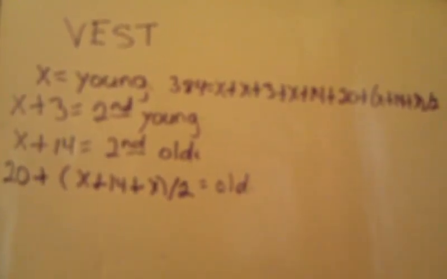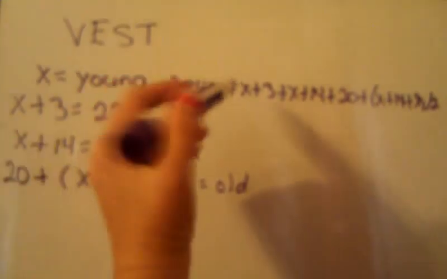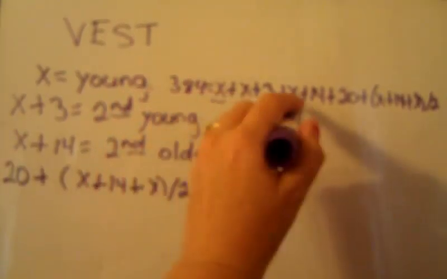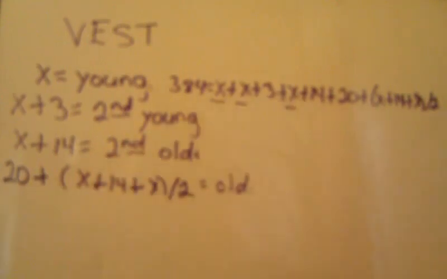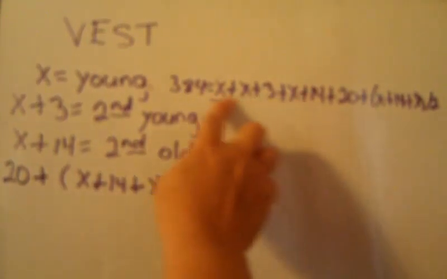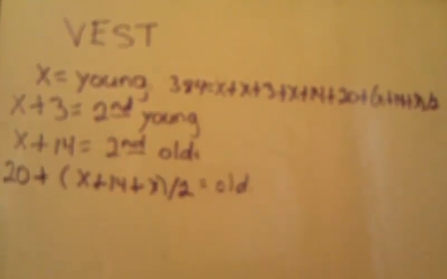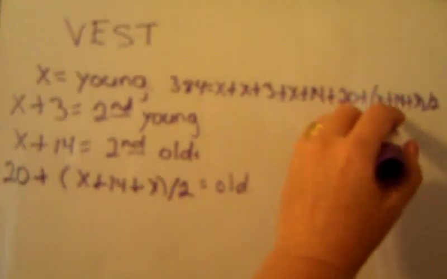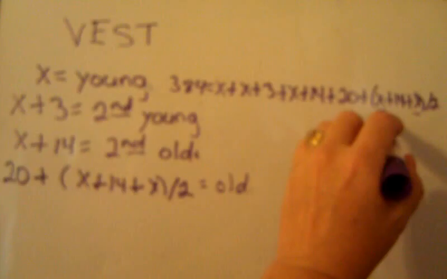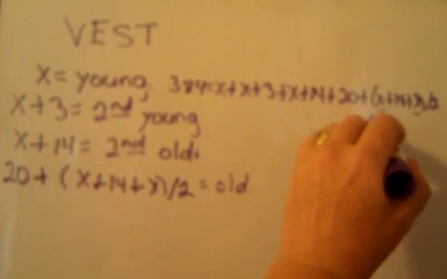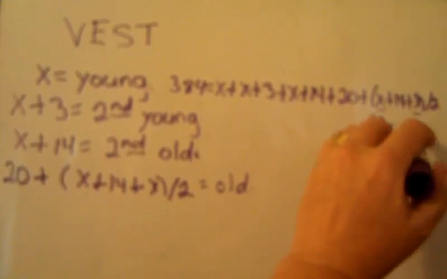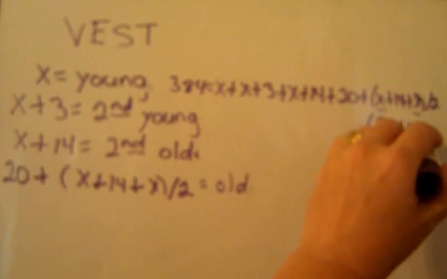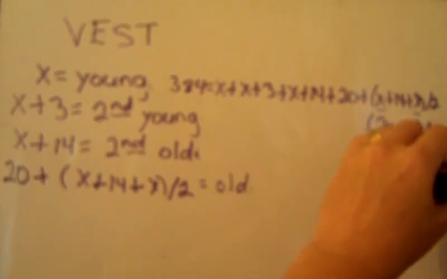Let's combine like terms. I know it's kind of hard to see that. No, I'm sorry. We have to get rid of the parentheses first, don't we? I have X and X, so X plus X is 2X, plus 14 divided by 2.